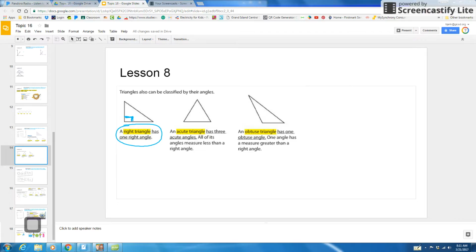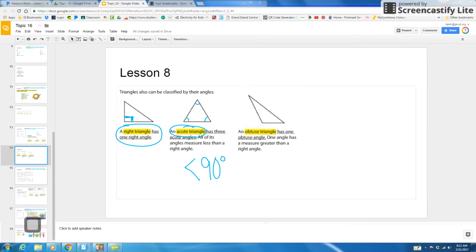Then we have our acute triangle, and if you remember, acute angles are all less than 90 degrees. That means they need to be smaller than 90 degrees. And that means all three angles are less than 90 degrees.